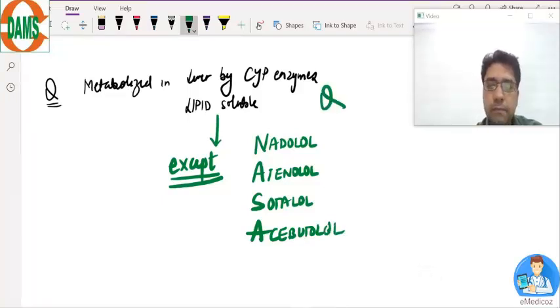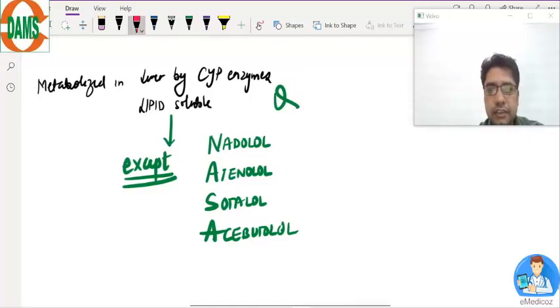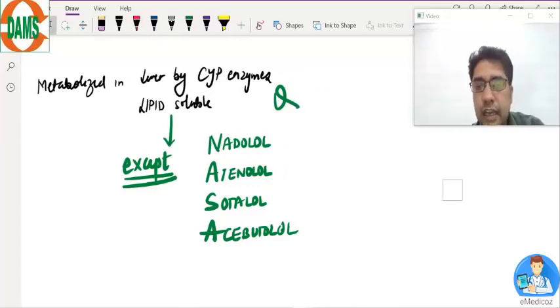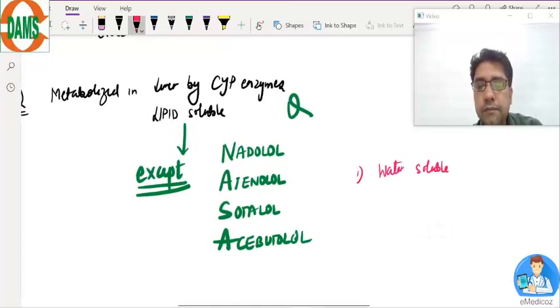This is a very important part and the question comes very commonly. You will write that these drugs are water soluble. These beta blockers are water soluble.